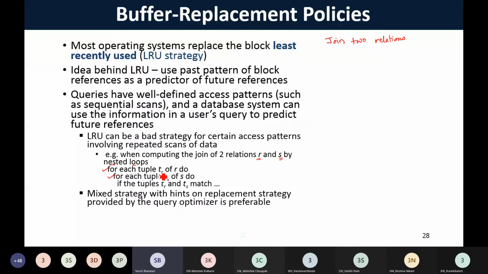So for each tuple TR of relation R, we are performing some iterations related to the tuples in the other relation S. The outer loop deals with the tuples in relation R, and the inner loop deals with the tuples in relation S. And as this is a join of two relations with some matching criteria, the tuples from relation R and the tuples in relation S are being matched.